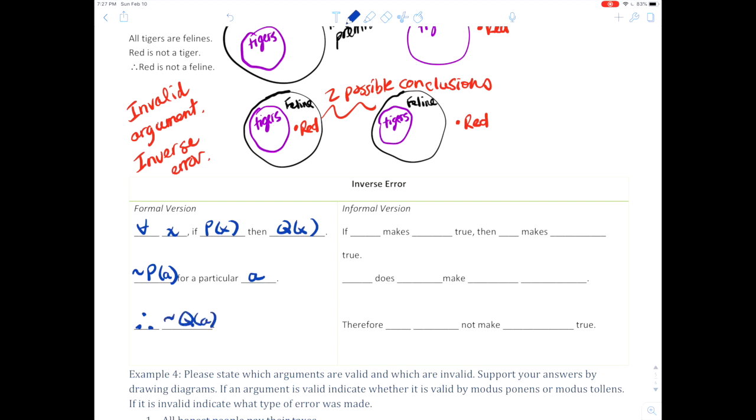And again, this is an error. This is not true necessarily. So if x makes p of x true, then x makes q of x true. A does not make p of x true. Therefore, A does not make q of x true.